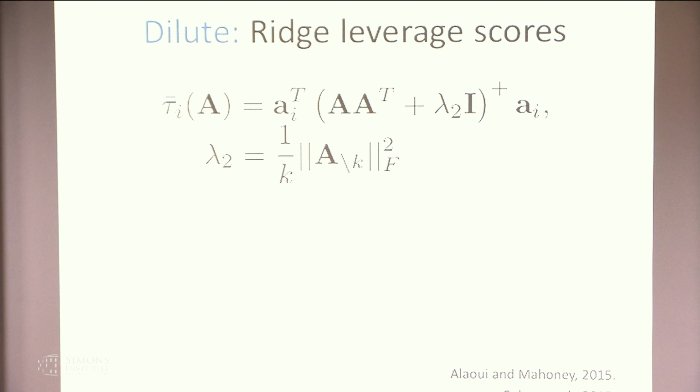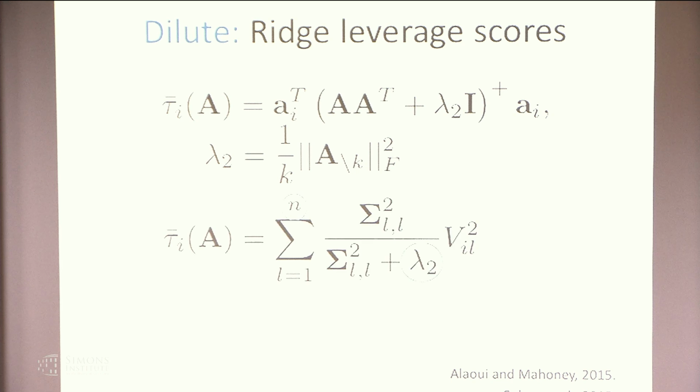For the purposes of this talk, I'm always going to take this regularization parameter to be proportional to the Frobenius norm of the complement of the top k singular vectors that we care most about, because that gives the available bounds. So we complete our matrix by adding this portion proportional to the identity, and we're going to say this is how we're going to measure distance.